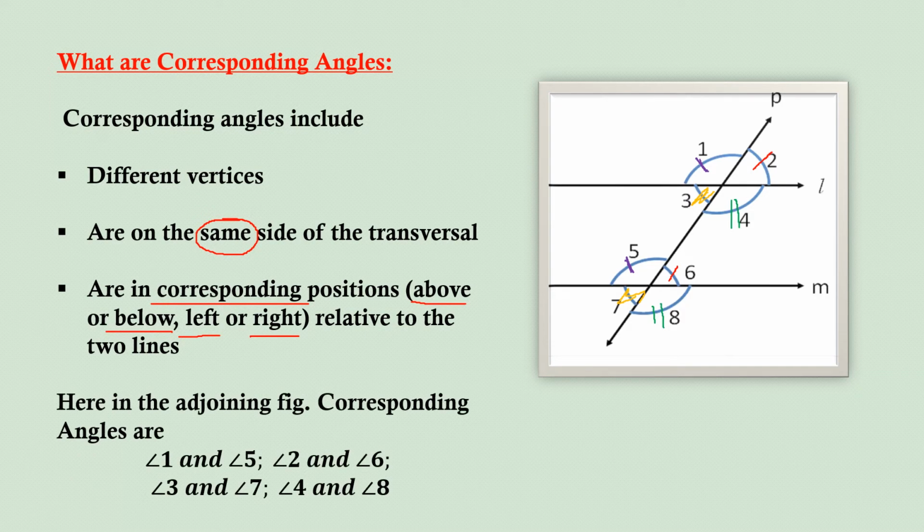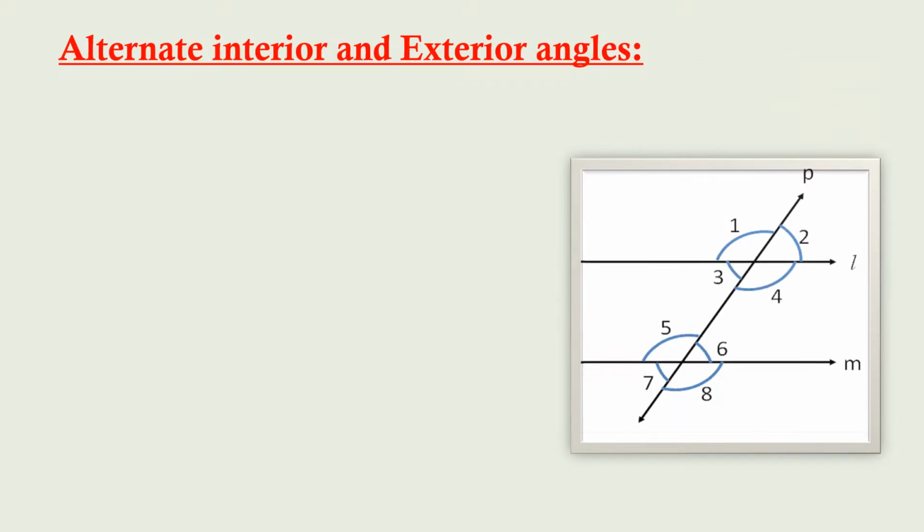So in the adjoining figure, the corresponding angles are angle 1 and 5, 2 and 6, 3 and 7, 4 and 8. Okay, so this is about corresponding angles which are on the same side of the transversal.